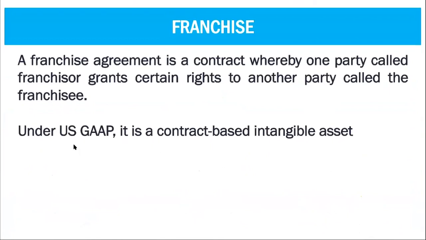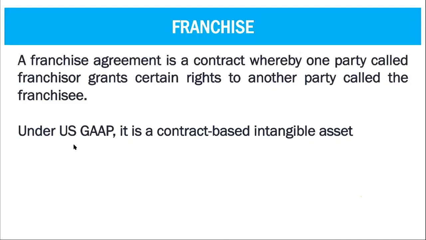We go to another type of intangible asset, and that is your franchise. A franchise agreement is a contract whereby one party called the franchisor grants certain rights to another party called the franchisee. So this is prevalent in Philippine settings such as Jollibee, McDo, Chowking, your groceries, your supermarkets, your different stalls of brands.